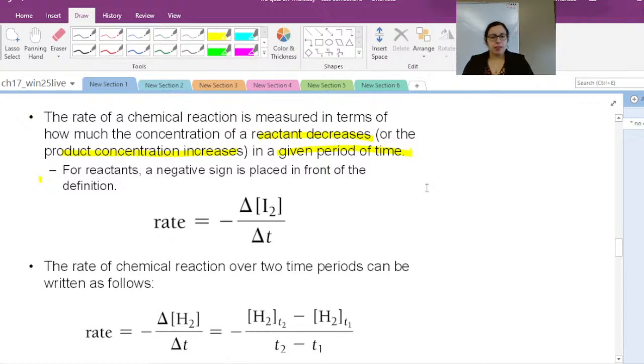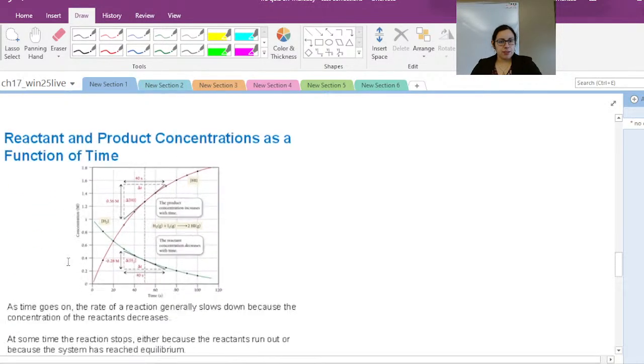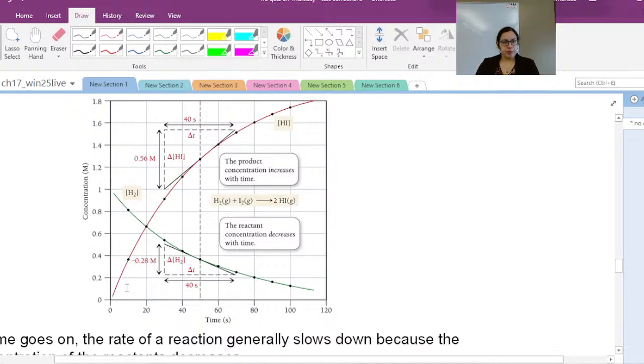We'll look at a little graph here. We're looking at this reaction, H2 reacting with iodine to give us HI. If you notice, we're monitoring the concentration by this graph of H2 and HI. That is probably something reasonable, thinking about NMR.